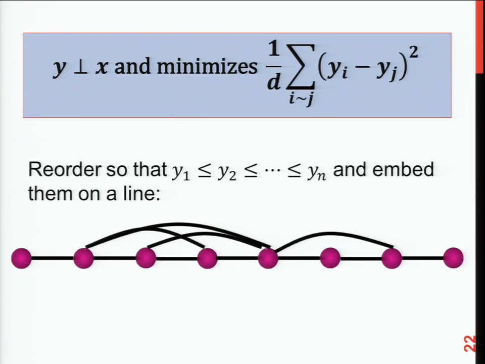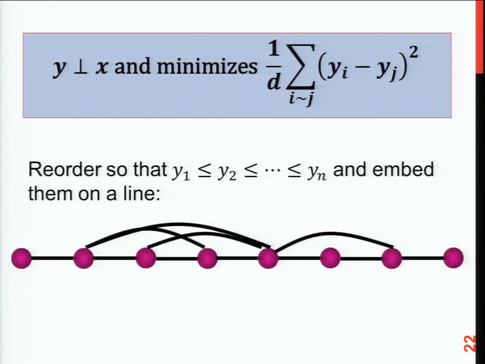So this is node 1, node 2, node 3, node 4 and so on, and let us say it's at position y1, y2, y3, y4 and so on until yn. Now the intuition is that you cannot have very long edges when you are writing the graph in this order. Why?